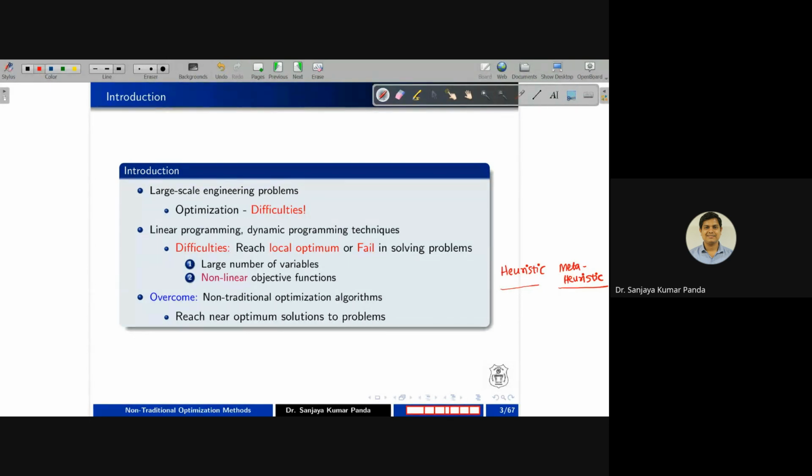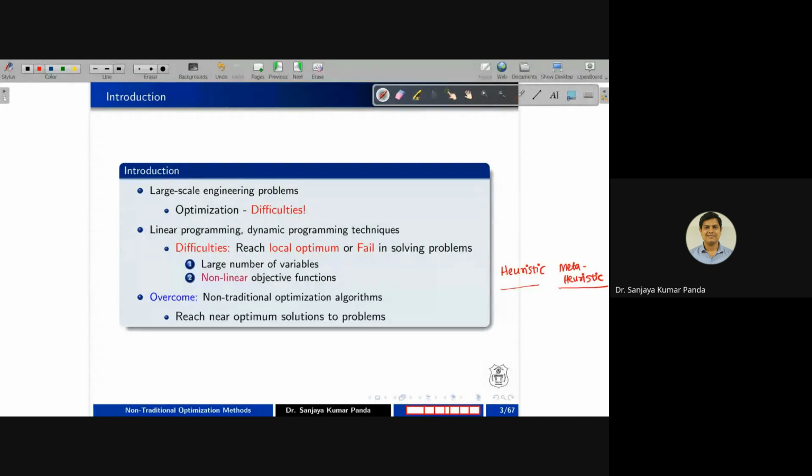But the problem with a heuristic is that when the situation changes, it may not perform as well. Sometimes it is not giving you a solution, or it is giving you a very poor solution. So a heuristic is based on a particular situation, not every situation. But when you go for meta heuristic approaches, we expect to get a solution which is close to the optimum solution.